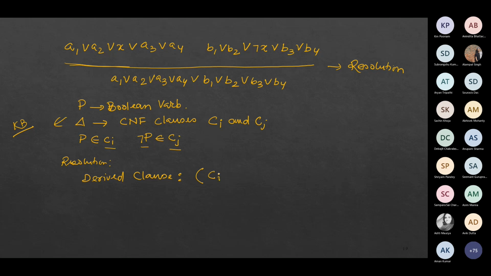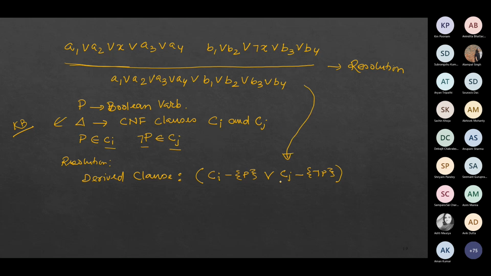So as an outcome, we'll be having something like this, Ci or Cj. Is this correct? Yes, sir. So basically, I'm writing exactly this thing in a different way.